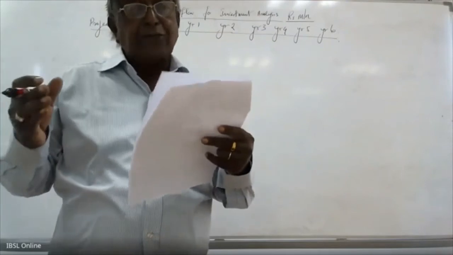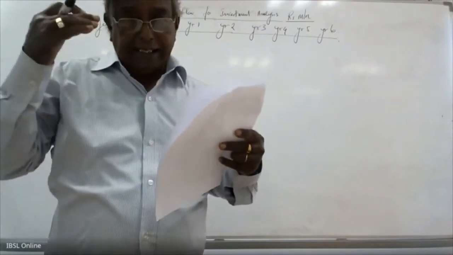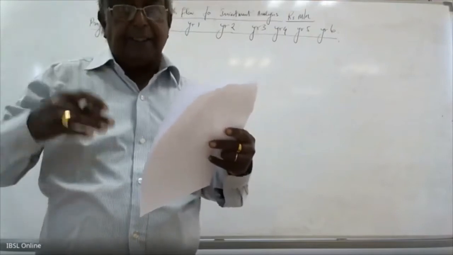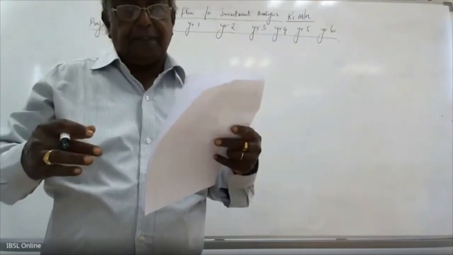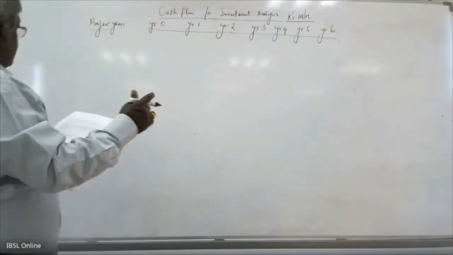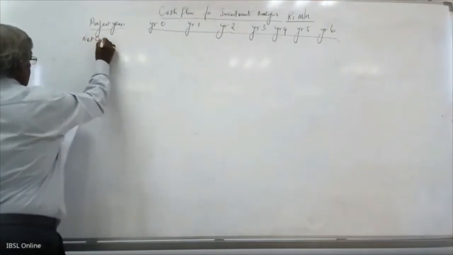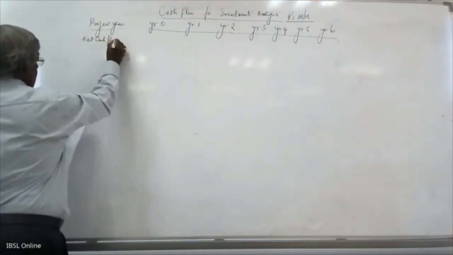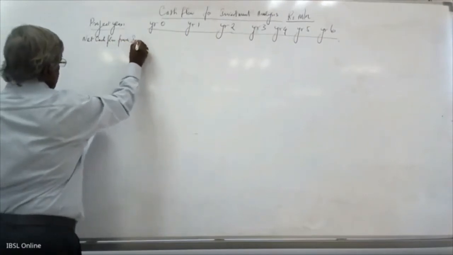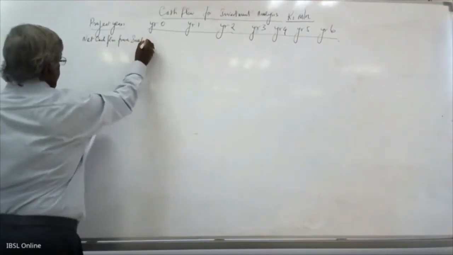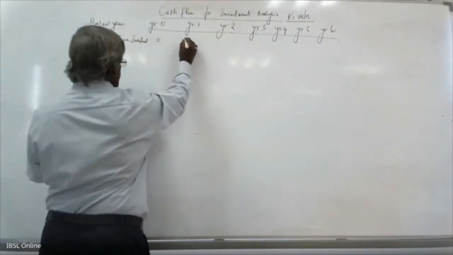Here the net cash flow means income minus expenditure, cash income minus cash expenditure. So, first one, net cash flow from investment, here, 15 million.